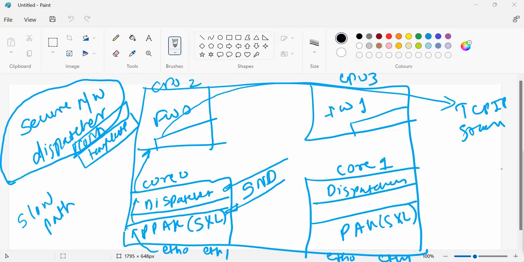Clear? And now the subsequent packet comes, or if you have some packet which already existed. For example, consider the same packet which is reaching this path. Now this data is stored, or captured, by your performance pack, right?